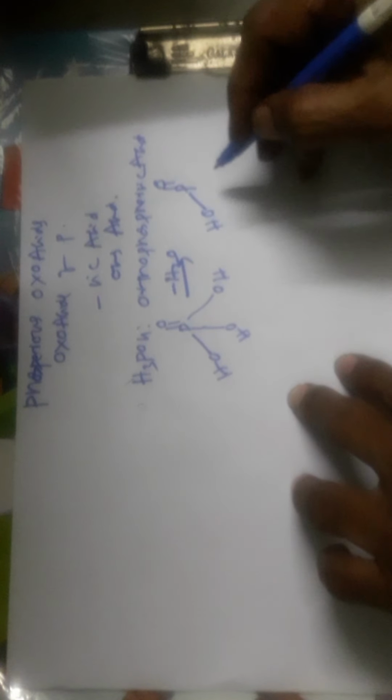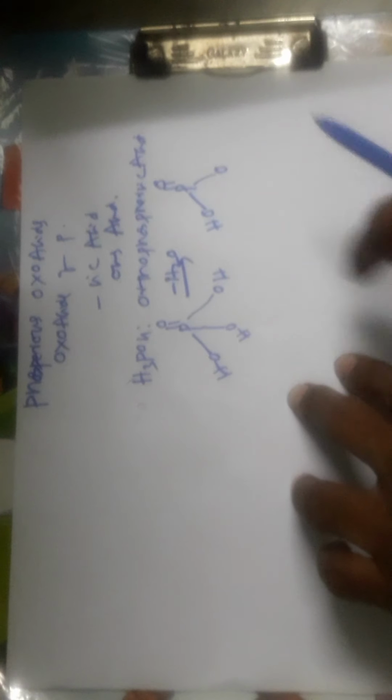If you remove a water molecule, minus H2O, what happened? Come on, tell me. OH, H, what happened? You kindly note it. P double bond O, HO, PO. Am I correct?